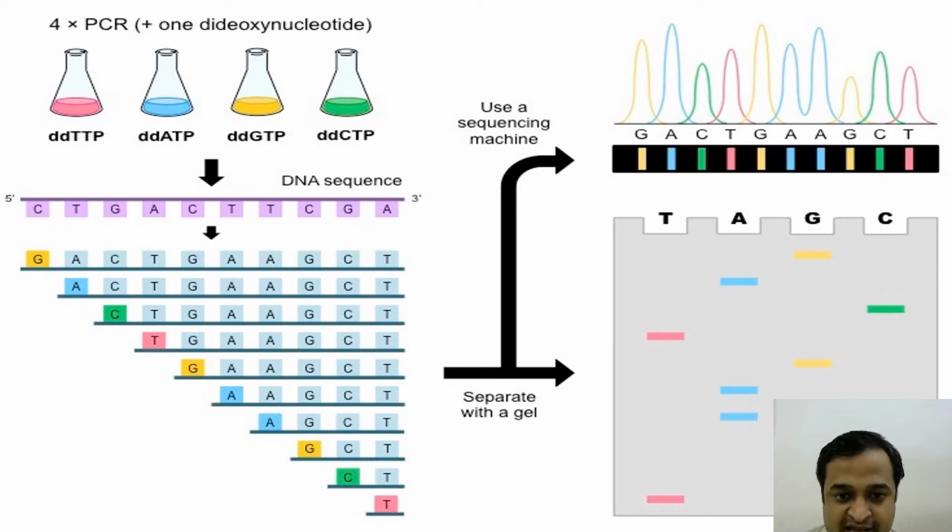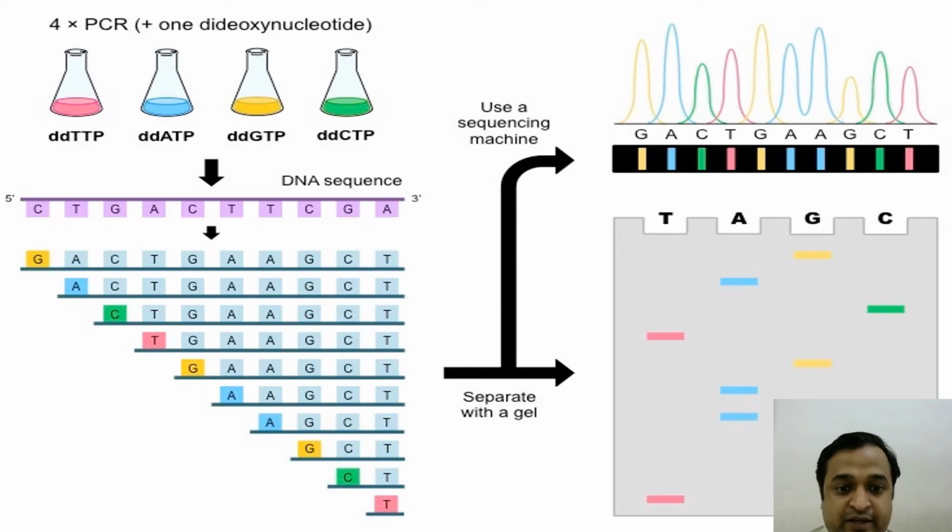The primer attaches at this particular location and becomes the 5' end for the growing DNA chain. At the 3' end of the primer, you have the hydroxyl group on the third carbon atom of the deoxyribose sugar.